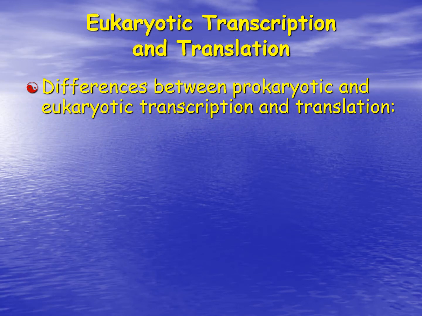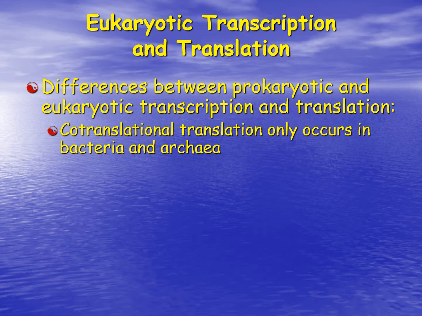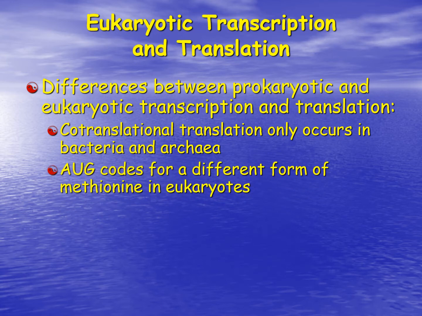That is not true in the eukaryotic cell. In the eukaryotic cell, transcription occurs in the nucleus, translation occurs in the cytoplasm. So co-transcriptional translation cannot occur in the eukaryotic cell. AUG, the start codon, codes for a different form of methionine in eukaryotic cells than prokaryotic cells, but I'm not going to really distinguish between the difference.